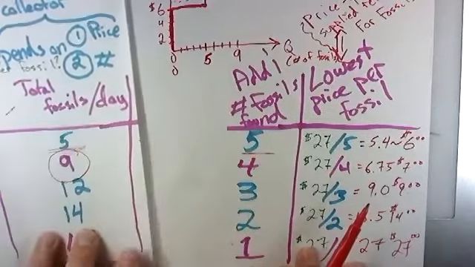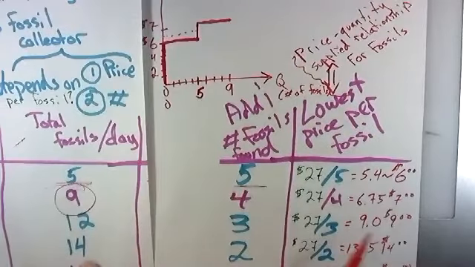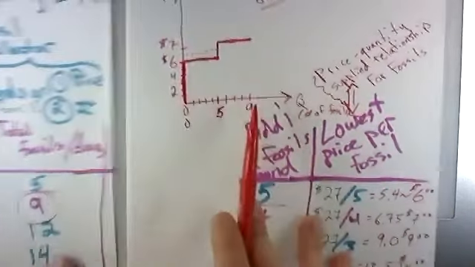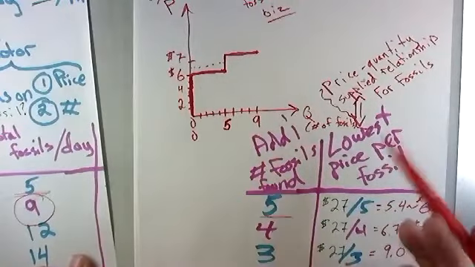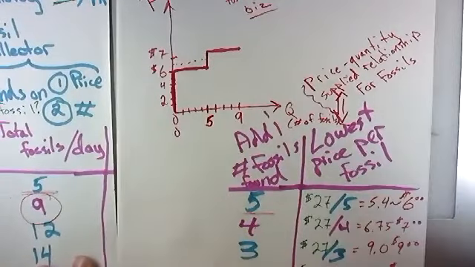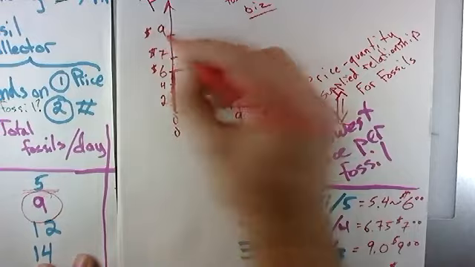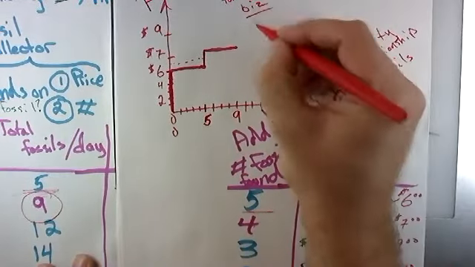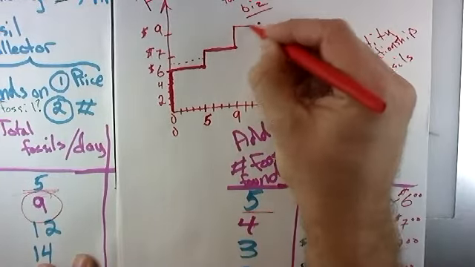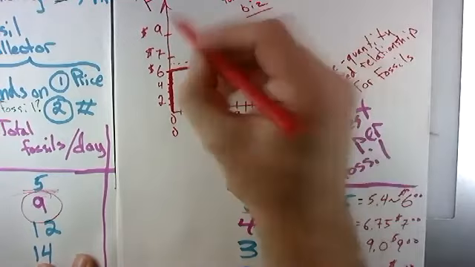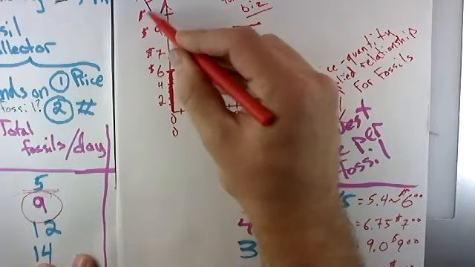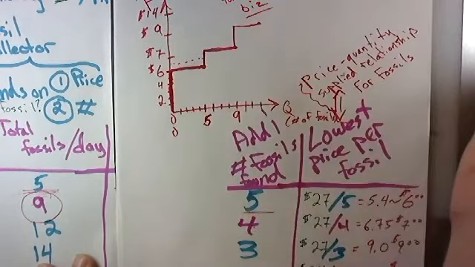And so we're just going to go ahead and reflect this information, these total fossils per day and the lowest price per fossil, on this XY graph, on this price and quantity graph. And so the next value, like I said, is going to be $9, 12. $14, and 14.